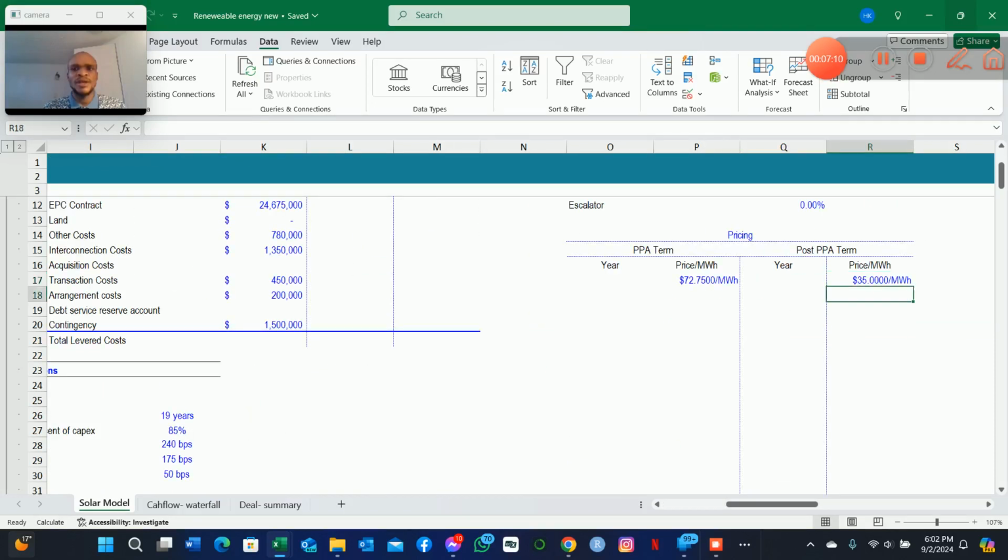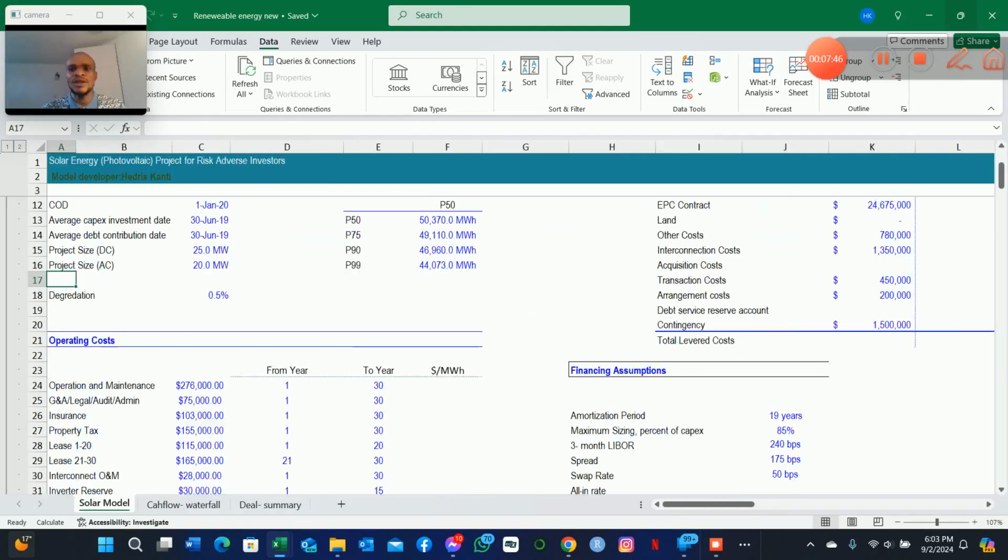As you can see here, after the post PPA term, it is sold at $35 per megawatt hour, whereas during the PPA term, that is the beginning of the production, it was sold at twice as much as that amount before 20 years. But after 20 years, because of this degradation, it is sold at $35 per megawatt hour. So that's exactly what we are seeing here.